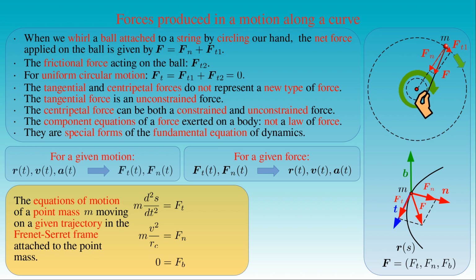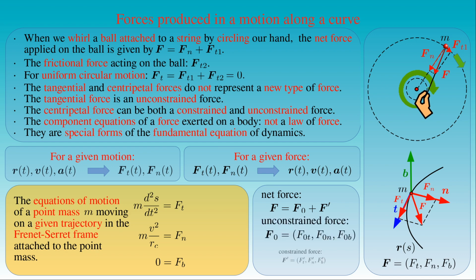Since the binormal component of the acceleration vanishes, the binormal component of the force F acting on the body vanishes as well. We can also express the net force F as the sum of the unconstrained force F0 and the constrained force F'. If we decompose both the unconstrained force and the constrained force exerted on the body in the moving frame, then we can express the force terms in the equations of motion as follows.